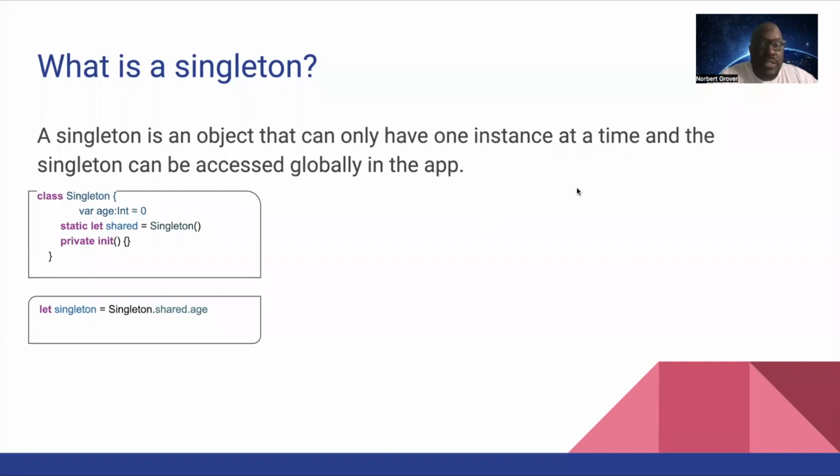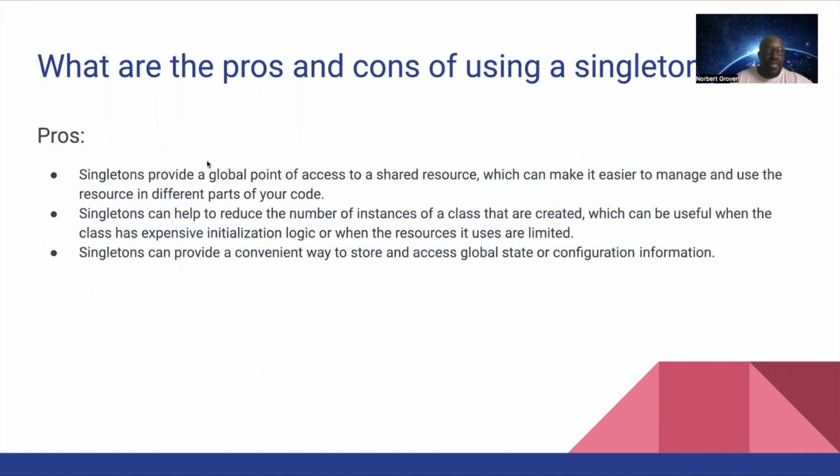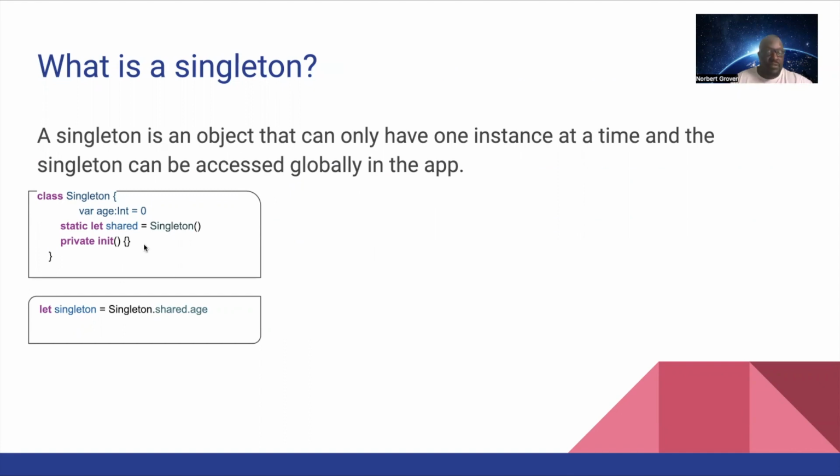So a singleton is an object that, yeah, we look at these examples right here. This is a singleton. Basically, you have a static let variable that equals the class, and your initializer is private, so you can't create a separate instance of this. And this is how it looks when you create an instance, but you can only have one instance of a singleton at a time.